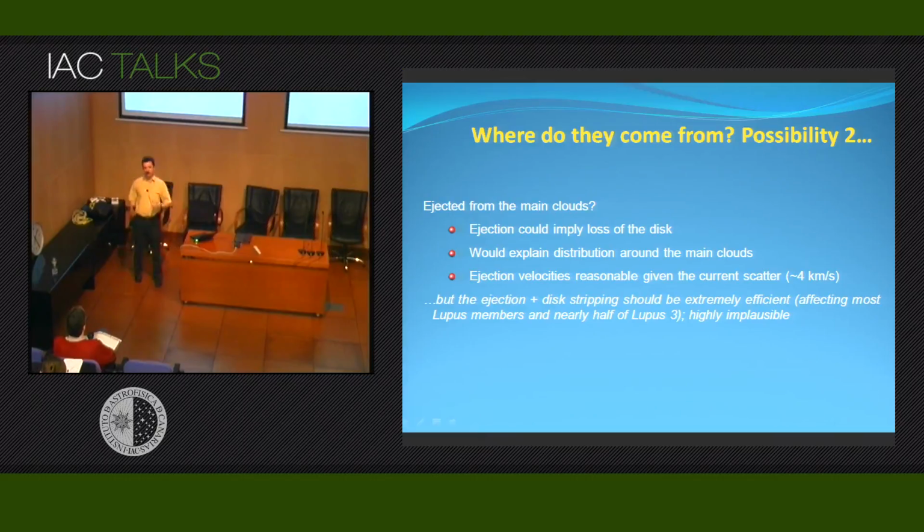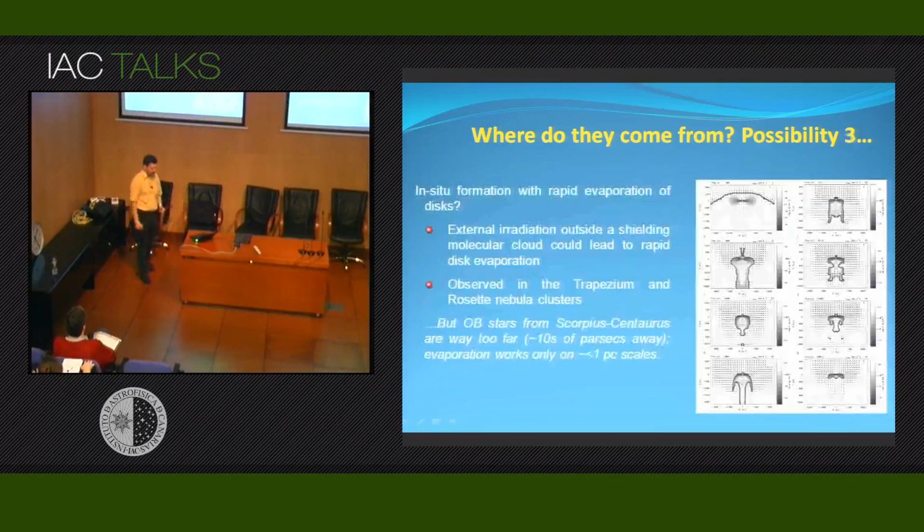This is not new. It's something that in fact is well documented and well observed in the trapezium cluster, in which we can see the disks thanks to the impressive Hubble images of circumstellar disk around low mass stars in the trapezium cluster, the famous proplets. This has been modeled. Indeed, we know that the ultraviolet radiation by a nearby star has an eroding effect on circumstellar disks.